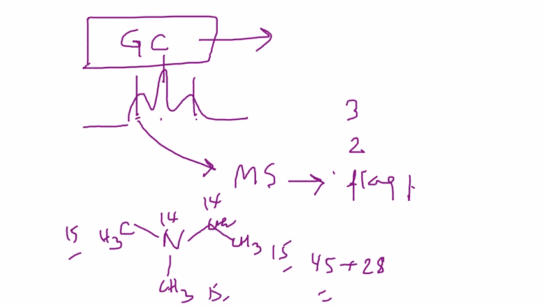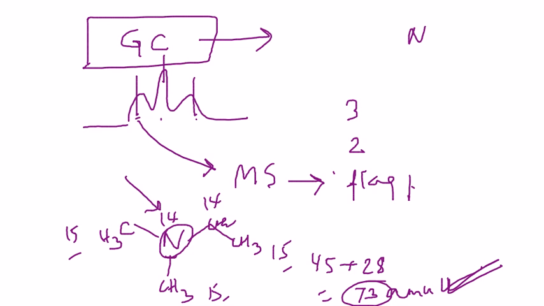That will give you 73. And that's your AMU, that's your molar mass. Now, notice this is an odd molecular mass, and it contains only 1 nitrogen atom because nitrogen is making only 3 bonds. Now, if you had 2 nitrogen atoms in a certain case, so let's just change the structure a bit. So if you have CH3, CH2, CH2, and then nitrogen, and then CH3, and then CH3.